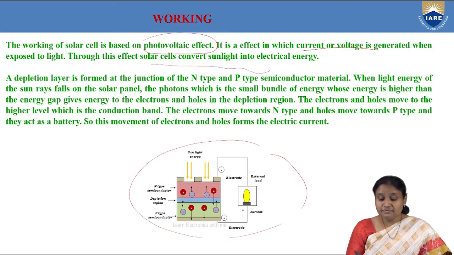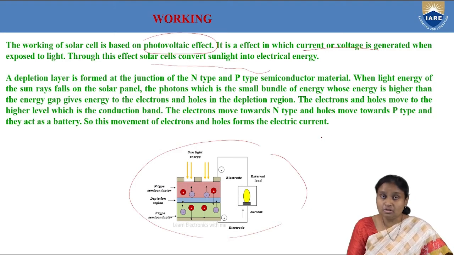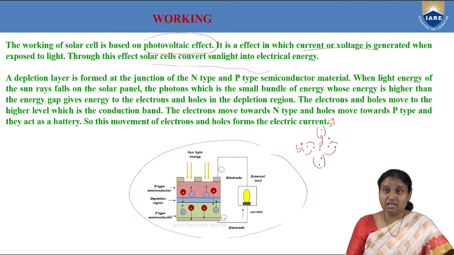When we take an intrinsic semiconductor, suppose silicon, and add a pentavalent impurity to make N-type semiconductor, suppose phosphorus, which has 5 valence electrons, then out of those 5 valence electrons, it will form 4 covalent bonds with adjacent silicon atoms, and the 5th electron is free and is going to take part in conduction. When we say that our N-type semiconductor is heavily doped, we are going to have many such electrons.